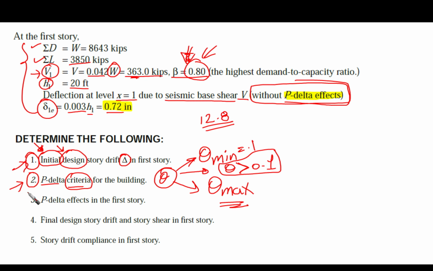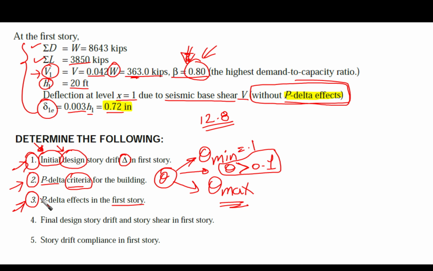And requirement number 3 is P-delta effects in the first story. We are going to calculate it if we found that P-delta needs to be included. This means that we need to increase the forces in the members, girders and columns, and the drift values as well.